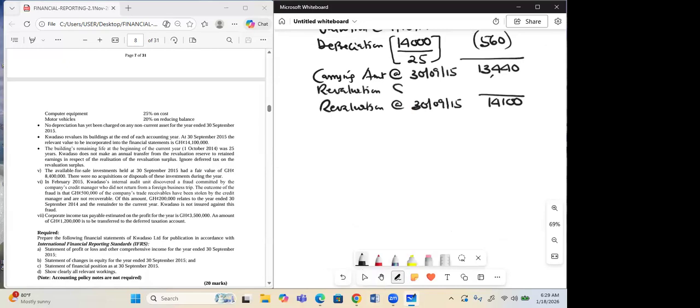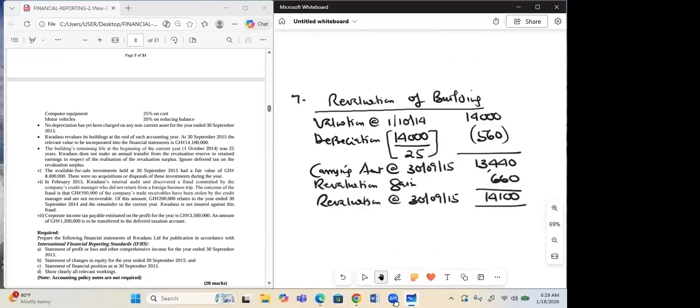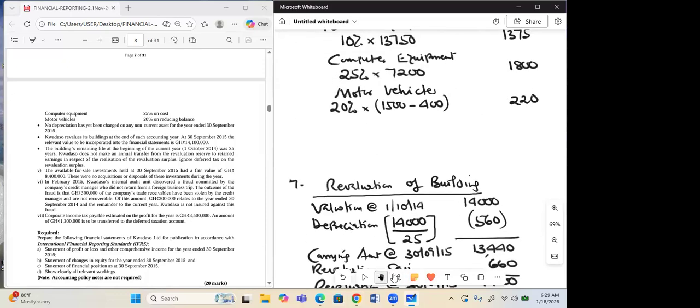So it means that there was a depreciation on the building of 560. We'll go back and put it in our depreciation. Are you following? Depreciation on building.